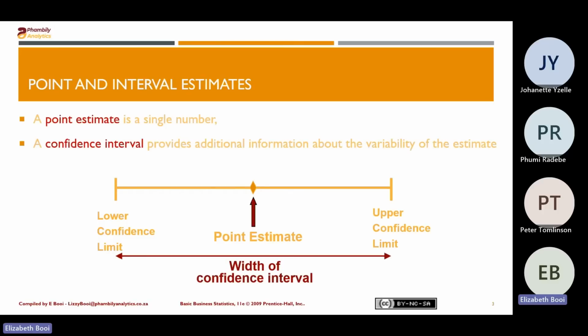Okay, so when we talk about confidence interval, it means we want to find a value that is not exact, but the value that falls within two values, right? It falls between two values, so that we are able to use that to estimate the point or the population parameter with that.